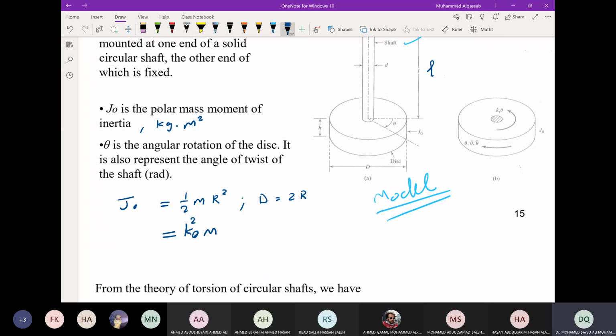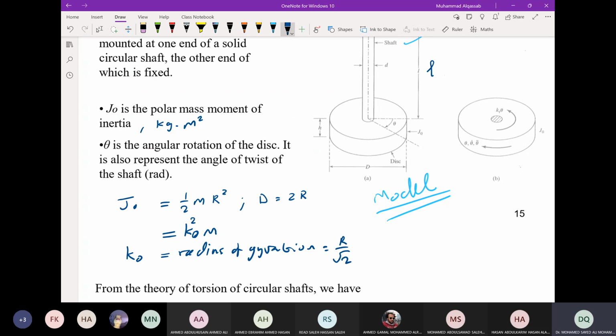The radius of gyration in this case is equal to r over square root of 2, right?